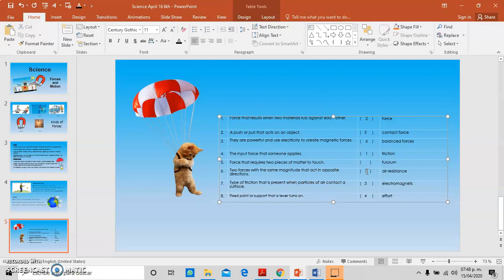As the name says, air resistance. And finally, number 8, fixed point or support that a lever turns on. And it's the fulcrum. That one was a vocabulary word, and yesterday we were reviewing that, so you are supposed to remember this.